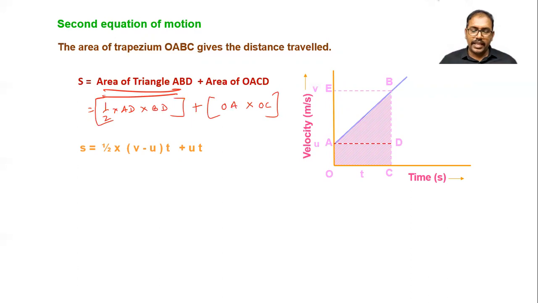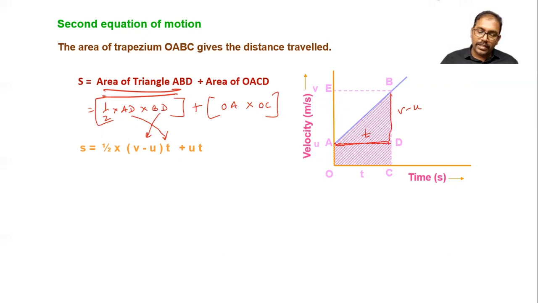Now you can see this AB is equal to t, and this BD is v minus u. So here we have 1 by 2, AD is t, and BD is v minus u.